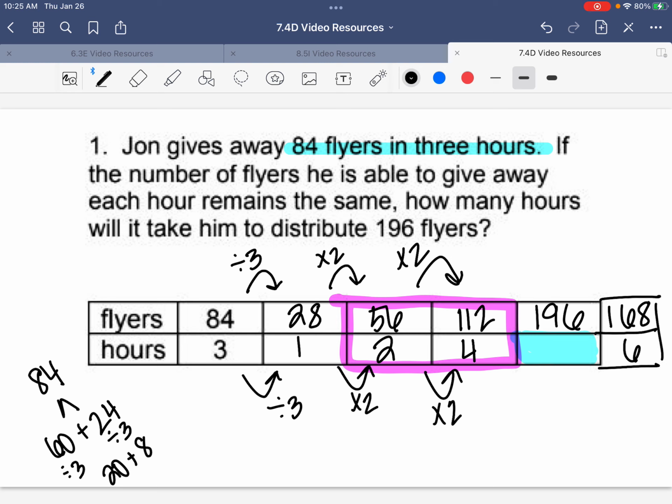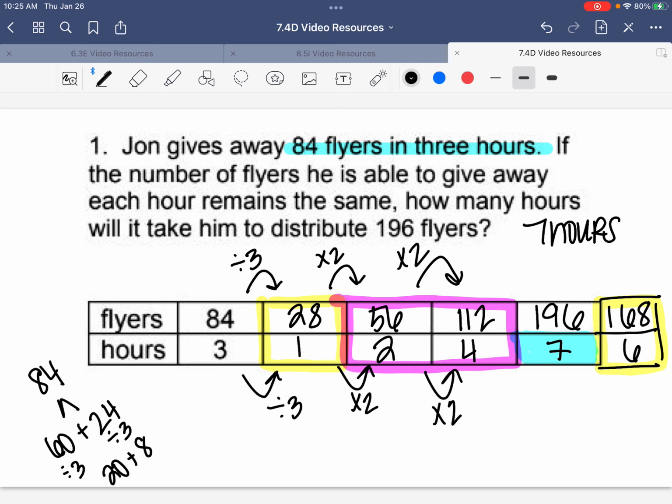And I now see that 168 flyers in 6 hours, if I add 1 more hour, I get 196. So it takes John 7 hours to pass out 196 flyers.